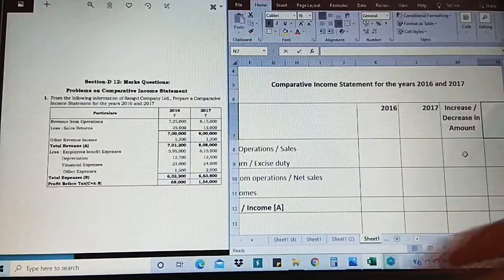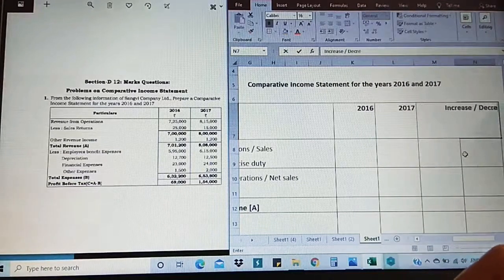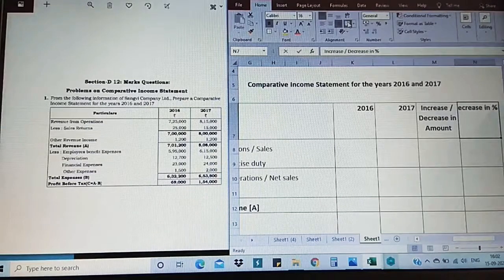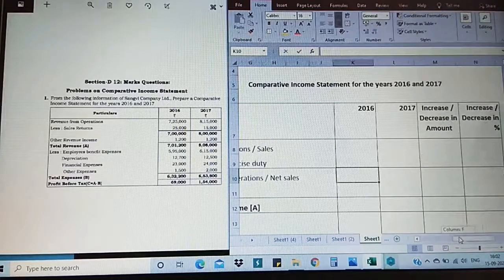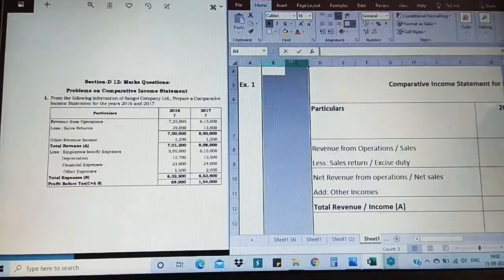And then increase or decrease in percentage. Just observe, you have increase or decrease in amount, increase or decrease in percentage. These two are the important ones for us for the calculation. Now let us go to the question. Observe how I'm going to do it now. It's very simple.